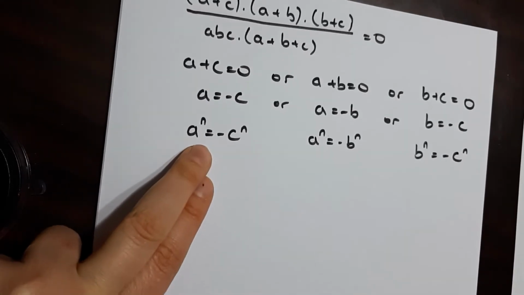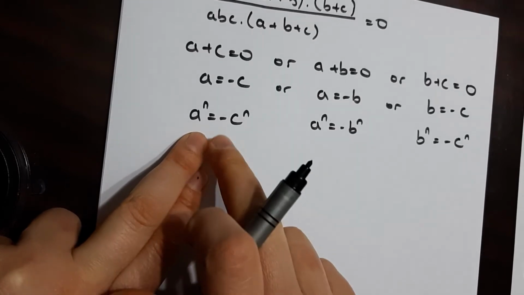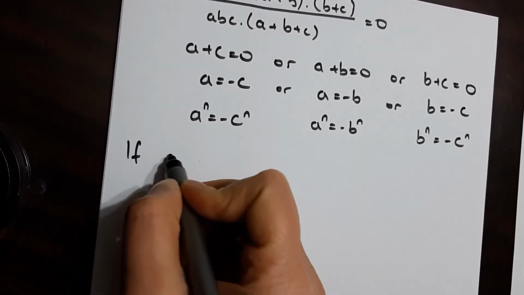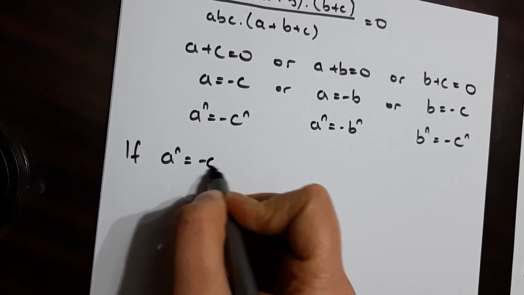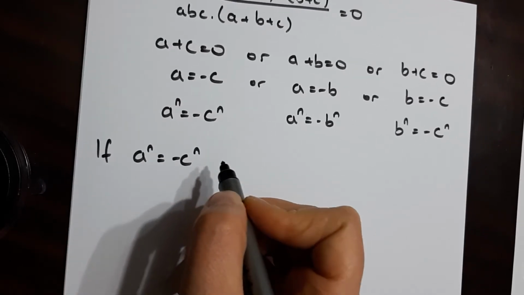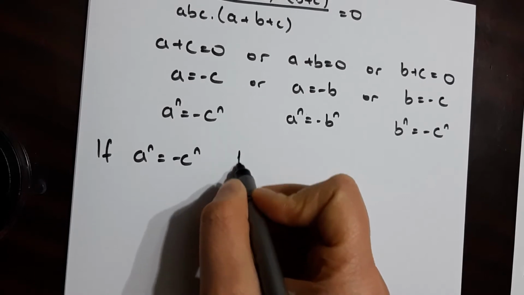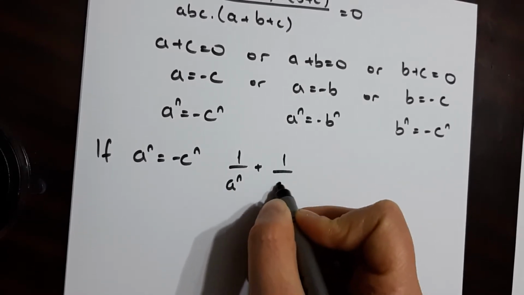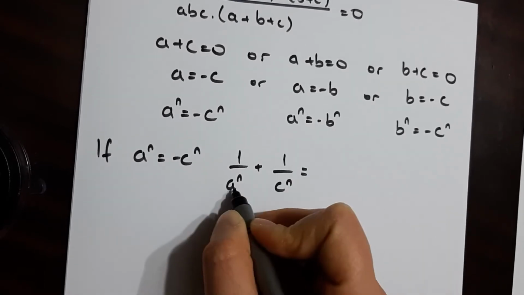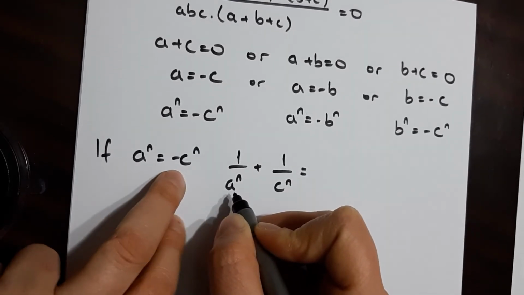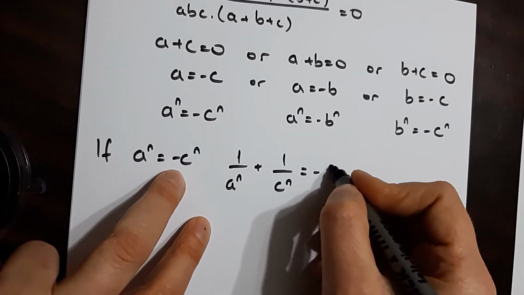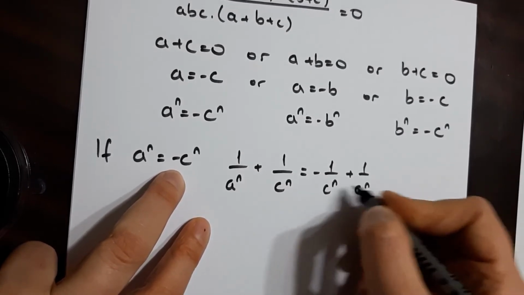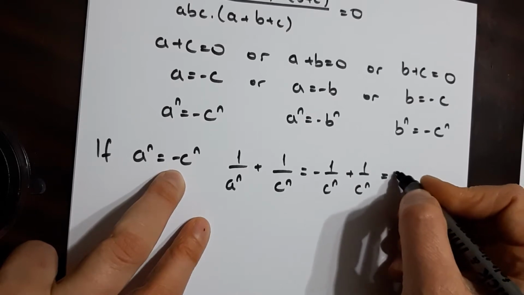I will take the first one. If a to the power of n is equal to minus c to the power of n, what will be 1 over a to the power of n plus 1 over c to the power of n? When I will write minus c to the power of n instead of a to the power of n, it will become minus 1 over c to the power of n plus 1 over c to the power of n, which is 0.